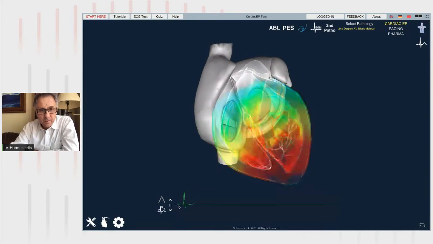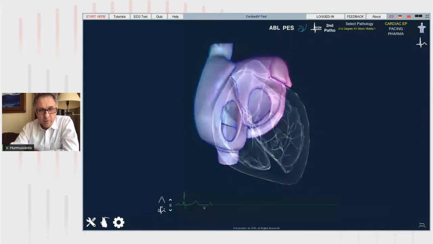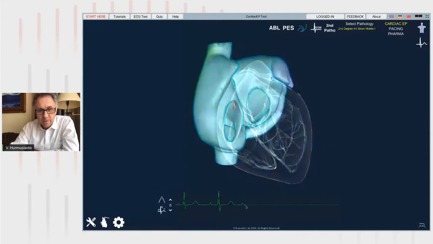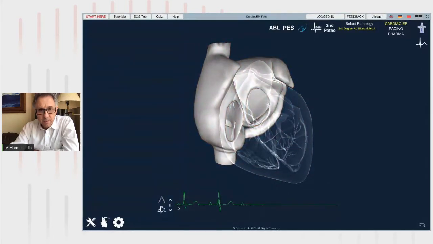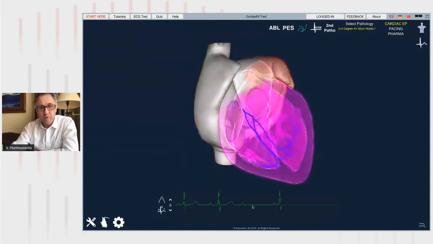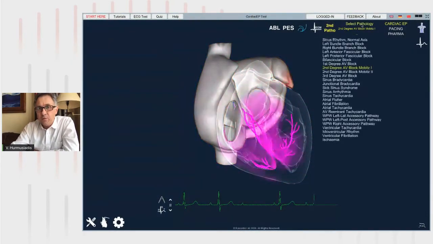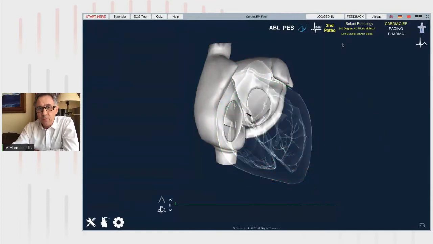We will see here how our PR interval will increase, and then we will have a missed QRS. So that's a 3/2 AV block. Now, we can add a second pathology, like left bundle branch block. Now I'm going to have a complex pathology, second-degree AV block and left bundle branch block.